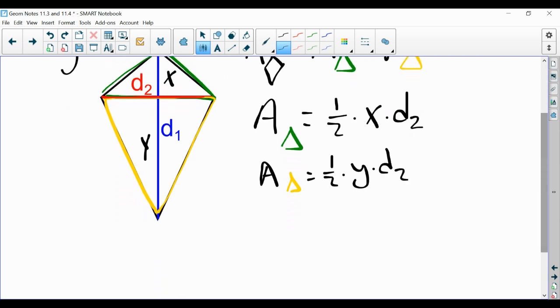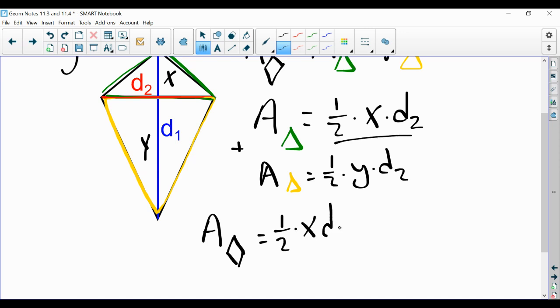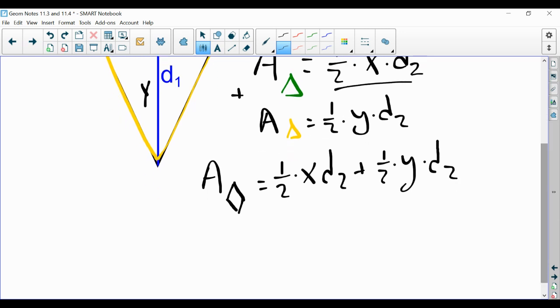Okay. So now if I wanted to add these two things together, I'm going to say that the area of the kite is equal to the stuff from the green triangle, 1/2 times X times D2, plus the area of the yellow triangle, which is 1/2 times Y times D2. And now just doing some fancy algebra, I'm going to factor out the 1/2 and the D2.